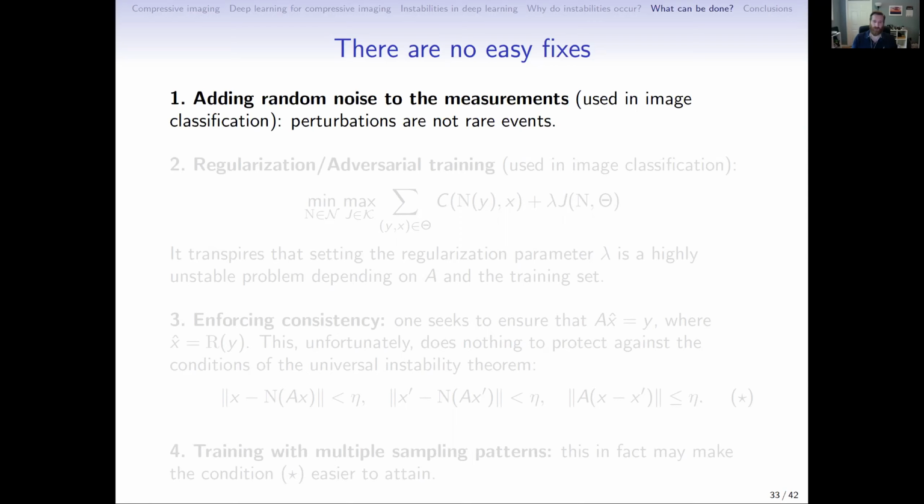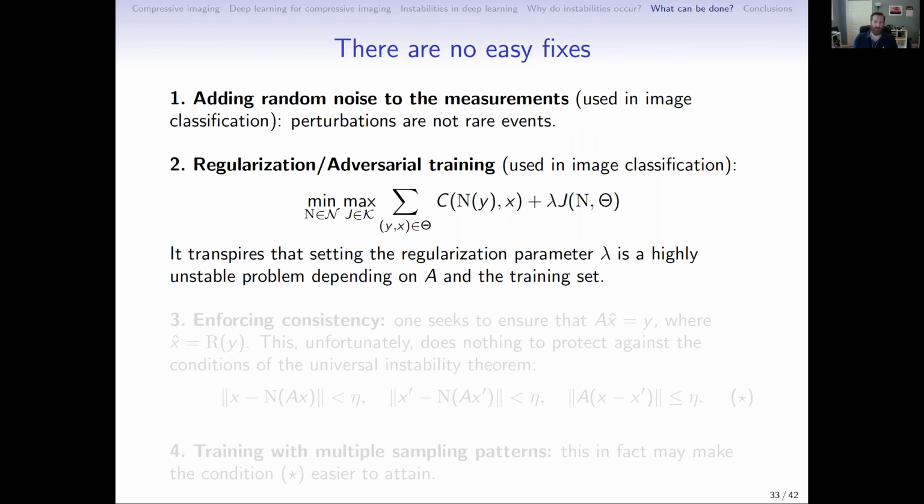Moreover, because the theorem states that these bad perturbations occur in pools, adding random noise to a bad perturbation is not necessarily going to cure it. A second approach, also used in image classification, and perhaps the state-of-the-art defense strategy there, is to perform some kind of adversarial training.